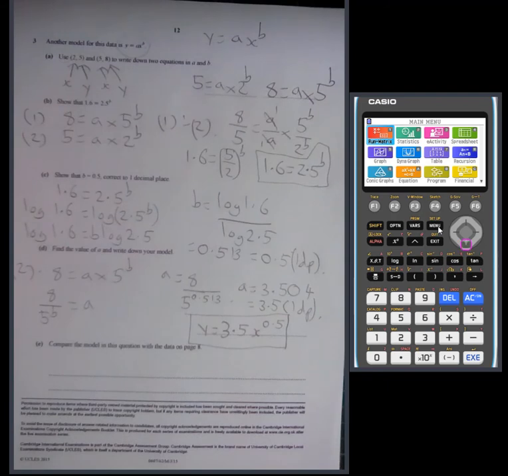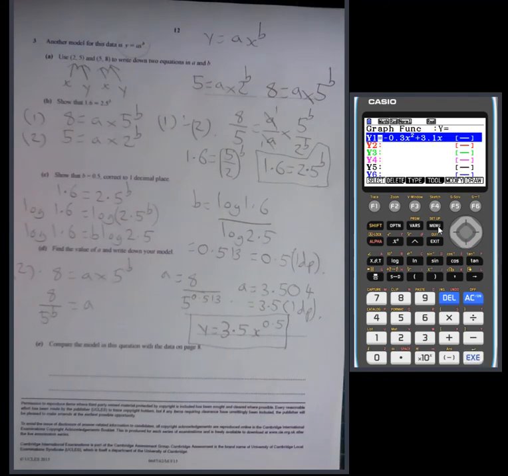So we go menu and graph. Oh, that's not it. Get rid of the previous equation and just type in y equals 3.5 x to the power 0.5, which is the square root of x.